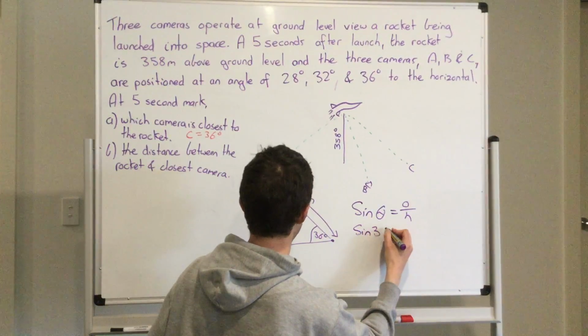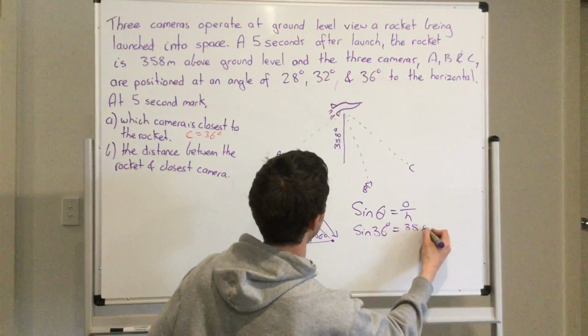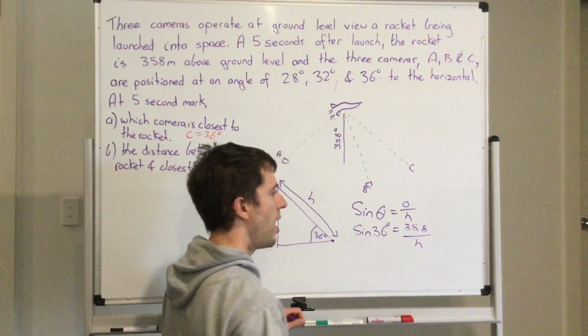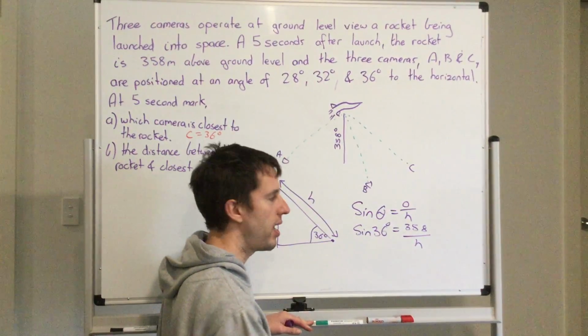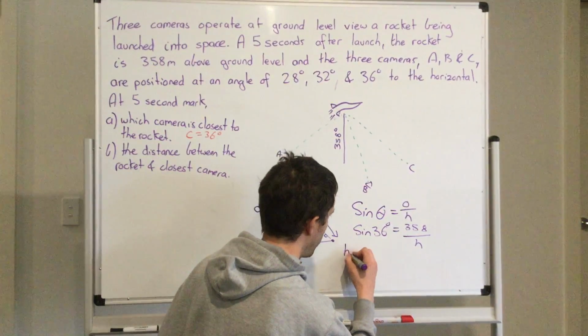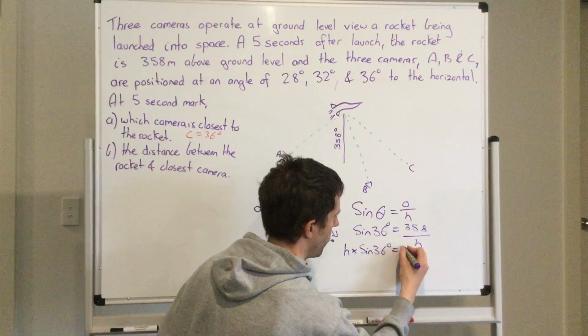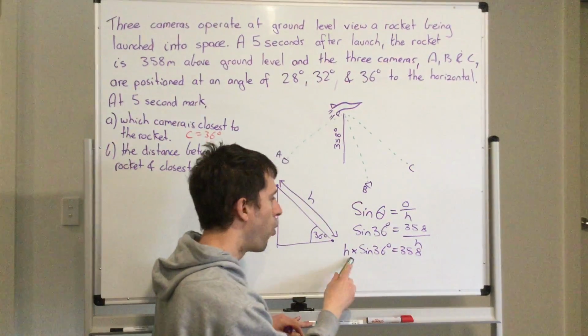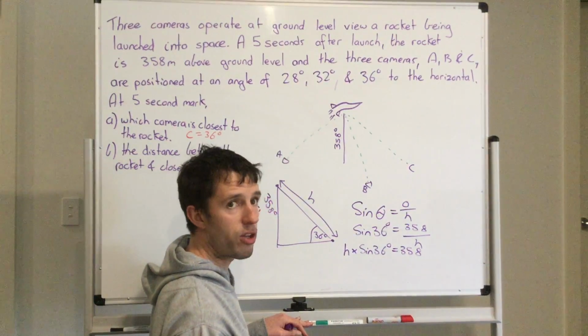Sine 36 degrees equals 358 over H. I want H by itself, so I take H to the other side, meaning I times both sides by H. I want H by itself, so I divide both sides by sine 36 degrees.